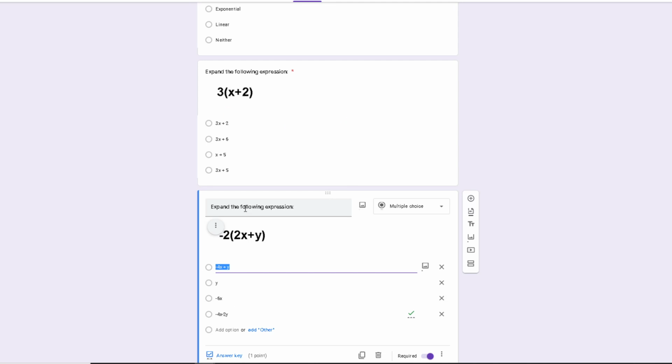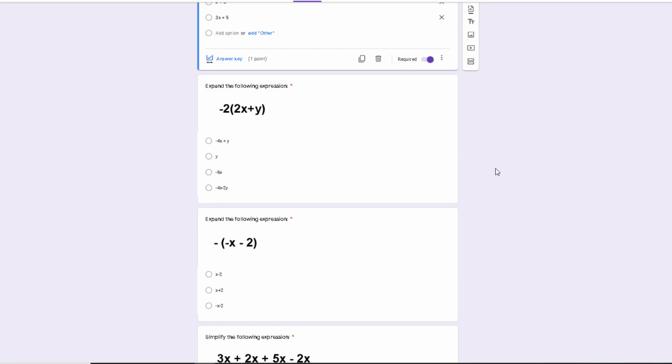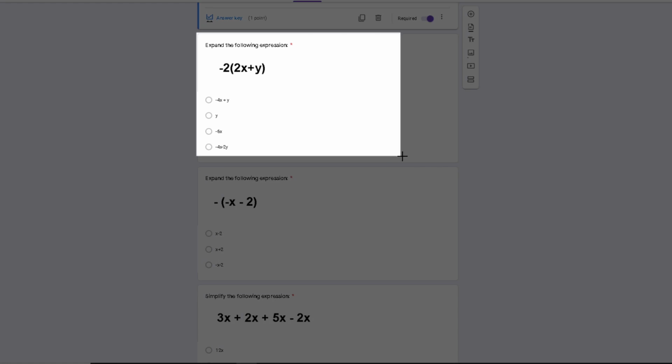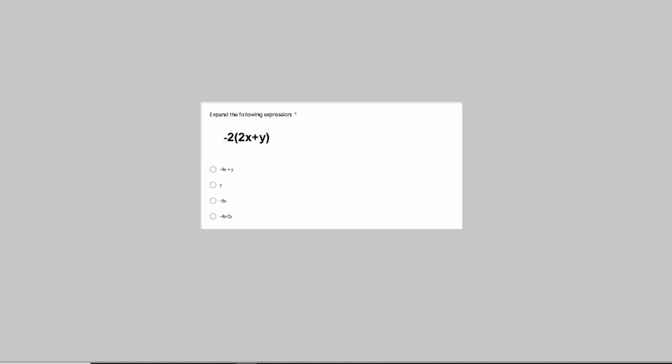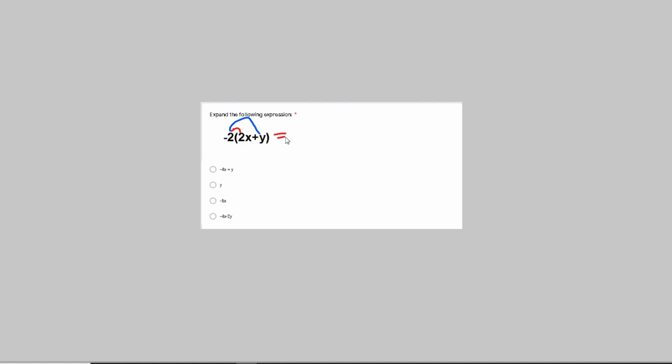Okay, so let's continue. Expand the following, so another question just like this. Throw in a negative though, and there's a y. Doesn't change anything. So first let's do negative 2 times 2x, and then we'll do negative 2 times y. Maybe I'll write this one out this time.